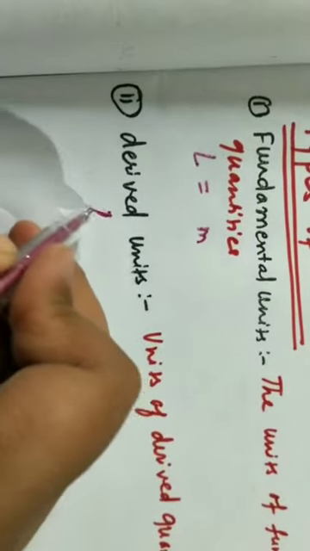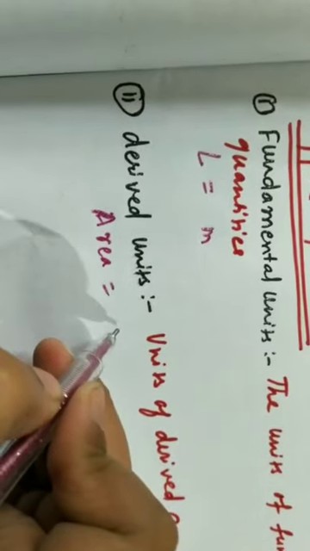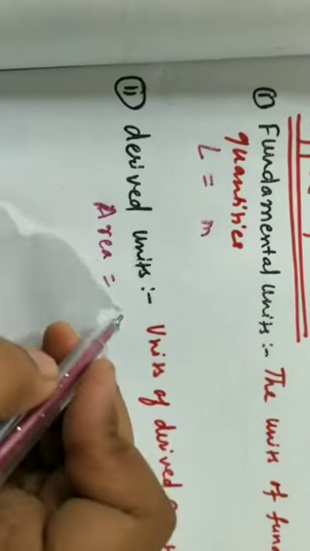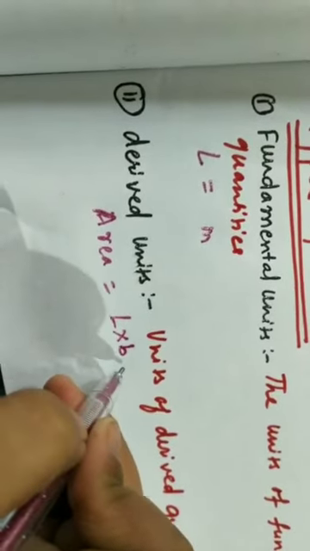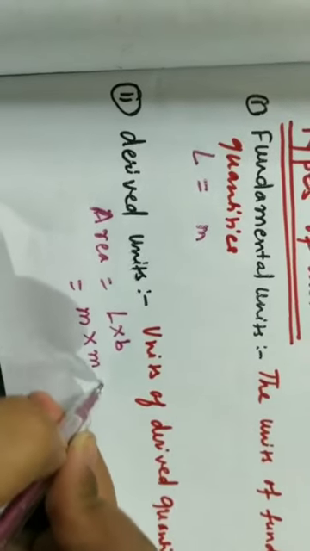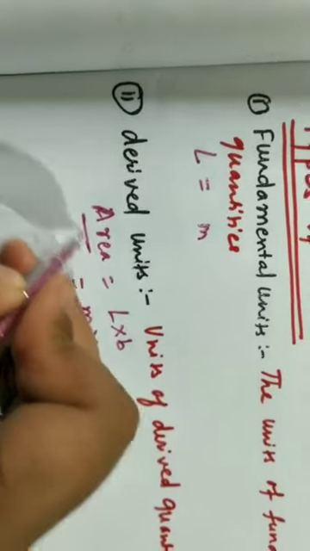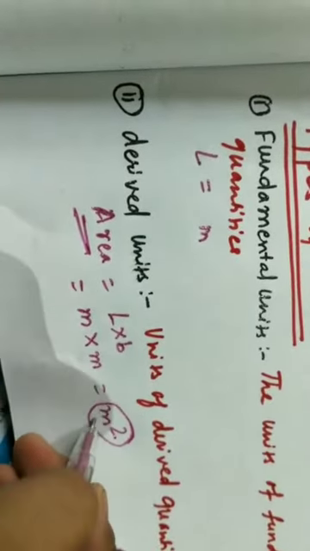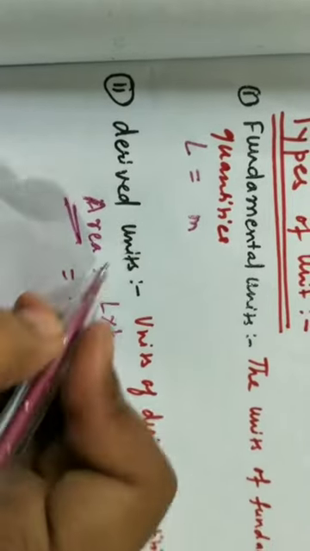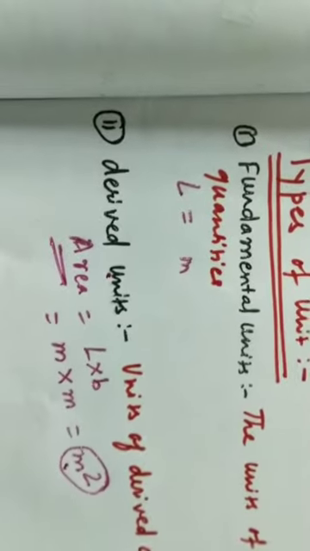Derived units are used for derived quantities like area. Suppose we are taking out the area of a rectangle, then we derive it by multiplying the length and the breadth together, so the units will also be multiplied. So this is the unit for the derived quantity area, meter square. This meter square will be known as a derived unit. I hope you don't have any confusion.